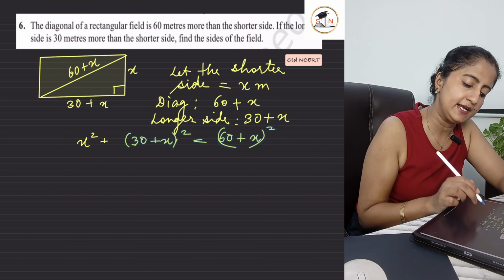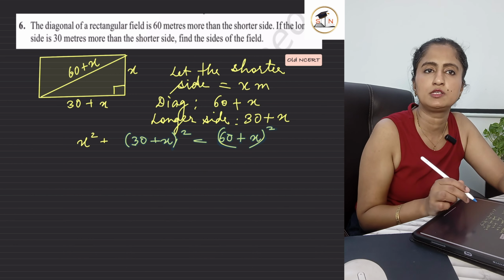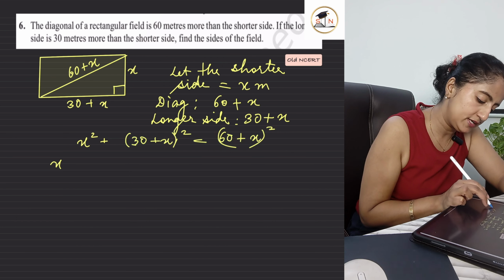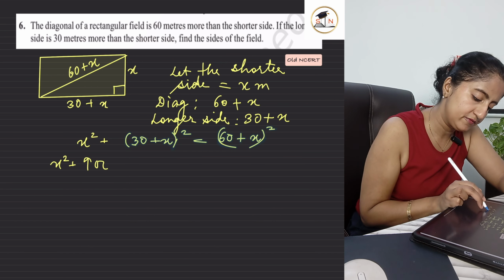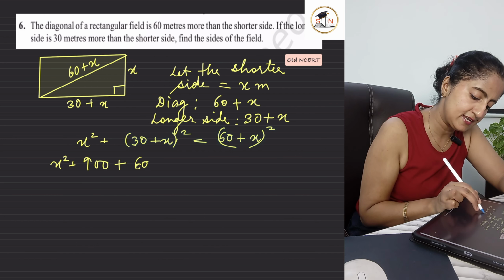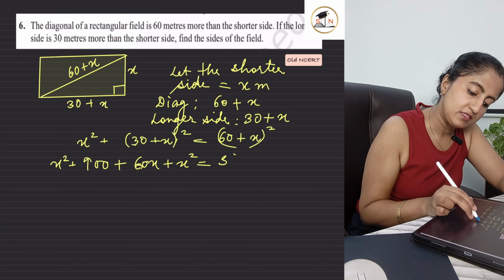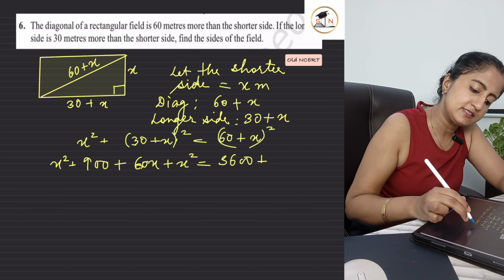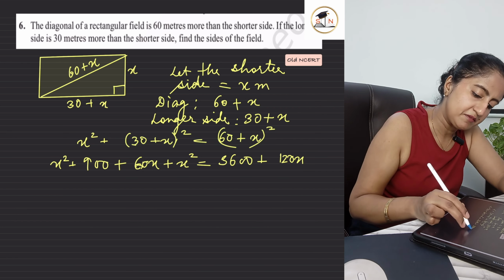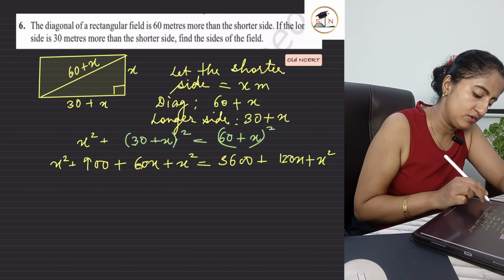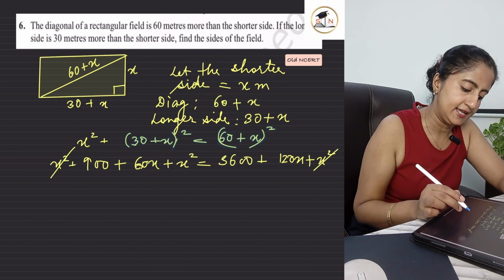So now applying the identity of (a plus b) whole square on both the sides, we get x square plus 900 plus 60x as 2ab plus x square equals 3600 plus 120x plus x square. Now x square got cancelled.